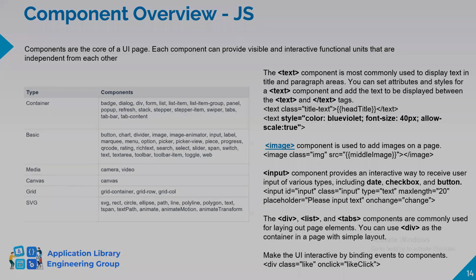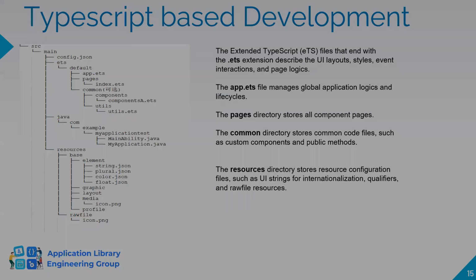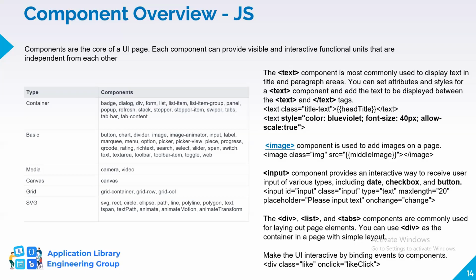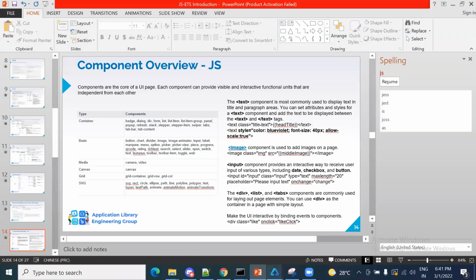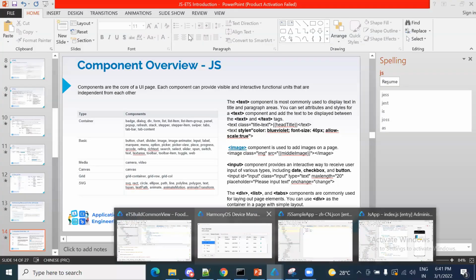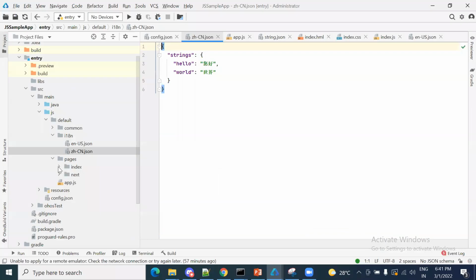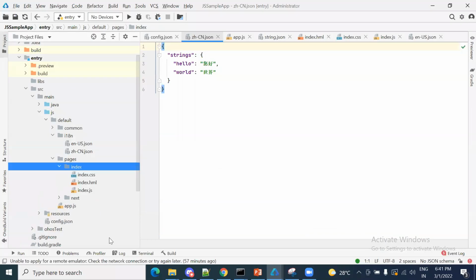This is the basic introduction about the JS programming language. Before moving to CS, we can just have a glance at the sample applications. I have already shown you the folder structure, right? Now we can just see what this application does.